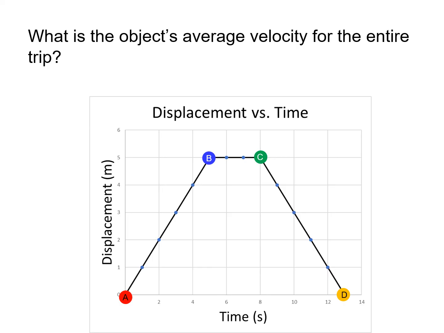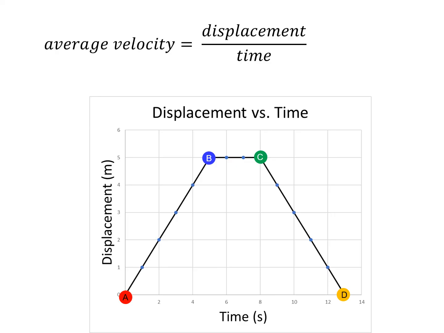What would the average velocity be for the entire trip? Well, velocity is displacement over time. But seeing as displacement between A and D is 0, it really doesn't matter what the time is, but it would be 13 seconds for the entire trip. That gives a result of 0.